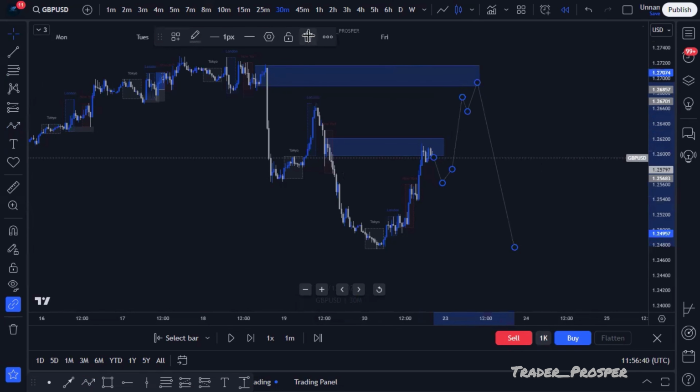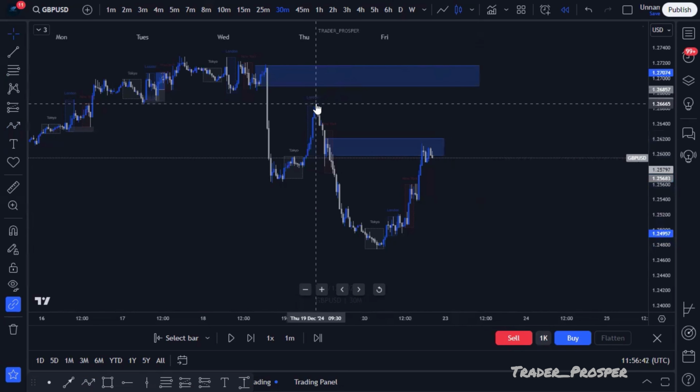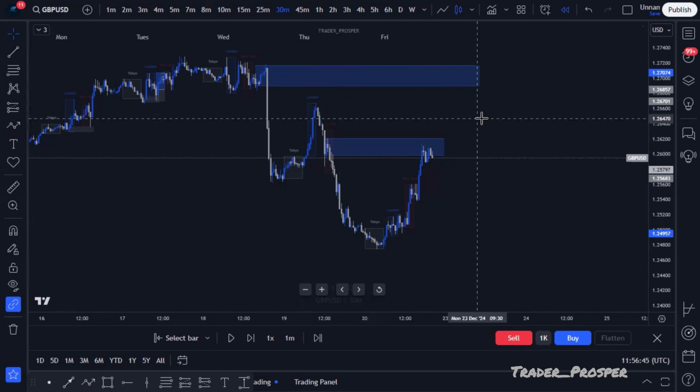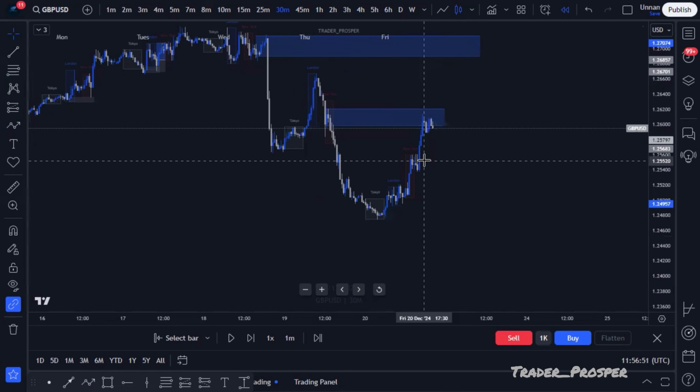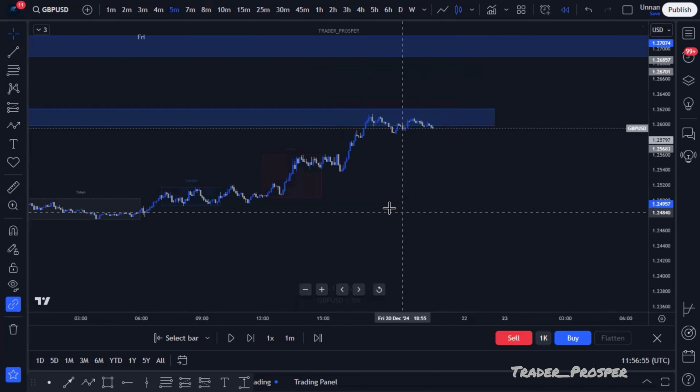But in most cases, it will just sweep the liquidity at this point and continue to the downside. All this movement happened on Friday. It did mitigate on Friday. So I'm going to go over to the lower time frame now and let's play this out and see what happened.